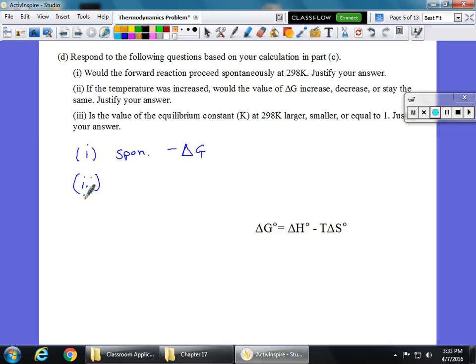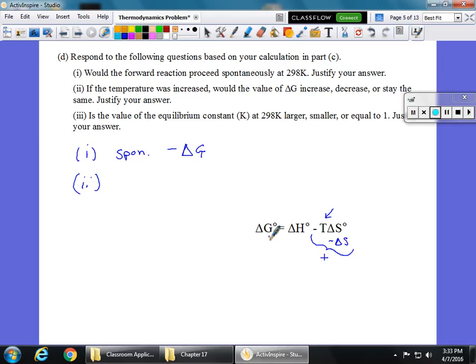Part 2 says if the temperature was increased, would the value of delta G increase, decrease, or stay the same? So let's think about our equation over here. We had a negative value for delta S. If the temperature is going to increase, that means this whole part over here, we're subtracting a negative, which means that's going to be positive, which means your delta G is going to increase.